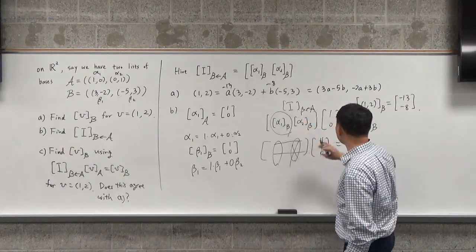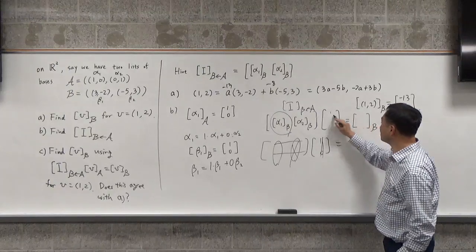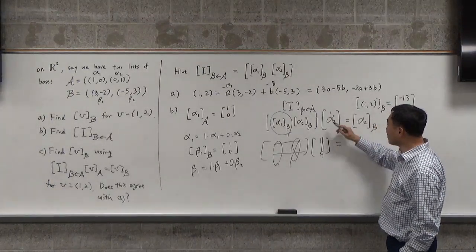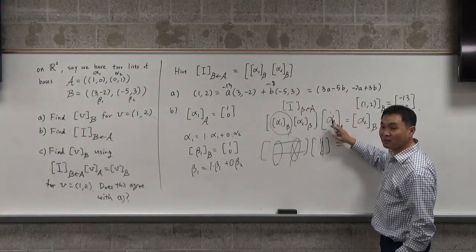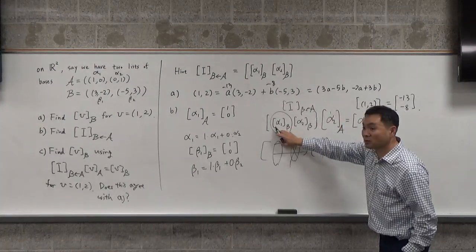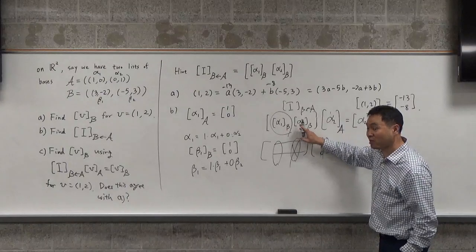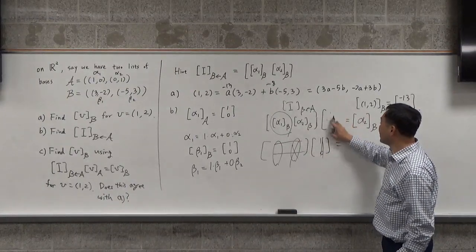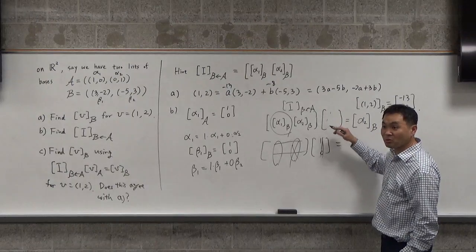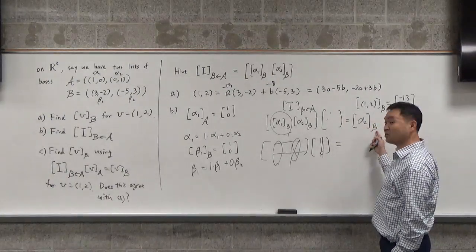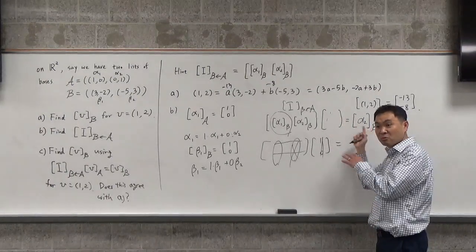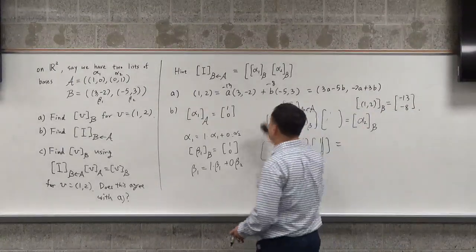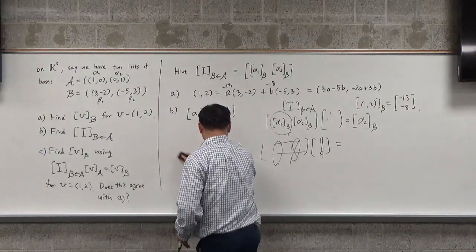Same thing, alpha 2 under A, which is (0, 1), should give you alpha 2 under B. If you multiply (0, 1), it will ignore the first column and just give you the second as the output, which is exactly that one. And in general, any combination of those two will follow the same way, because you've transformed the basis vectors correctly, and the other ones just follow. So that's why this formula makes sense.